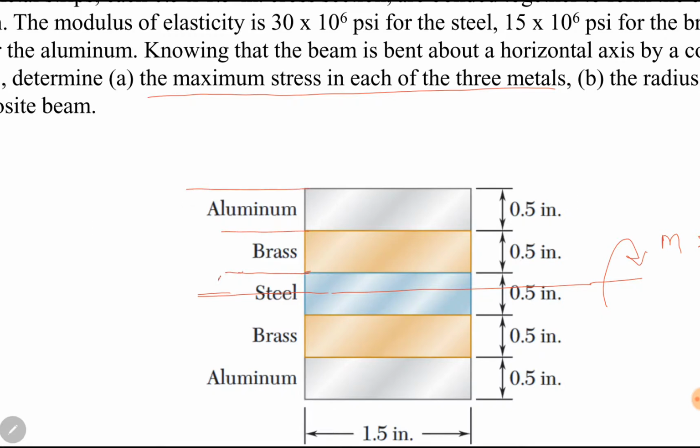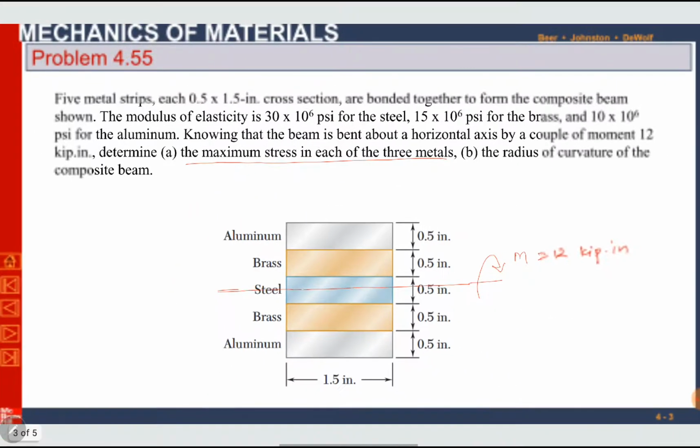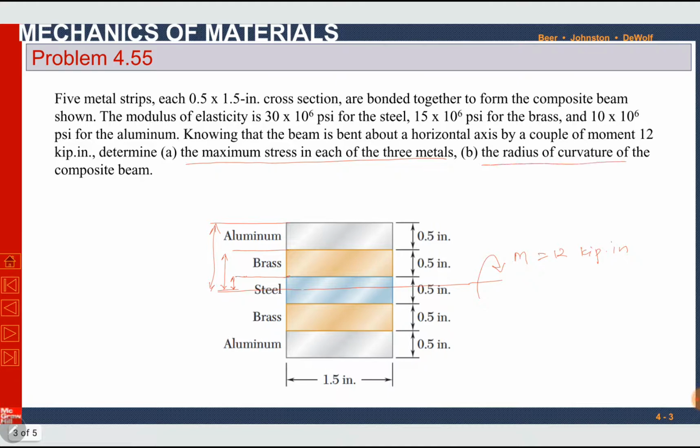So we have to find their distances C for each of them after transforming into the new area, and it will be the same actually. C will be the same, height will remain the same. And in part B, we have to find the radius of curvature of the composite beam. Radius of curvature of the composite beam is rho. We have discussed it in our theory, and we will find rho here as well.